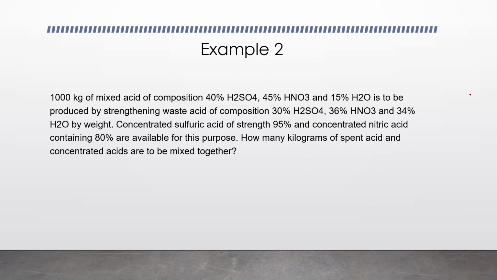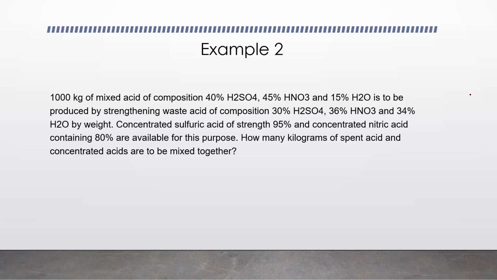1000 kg of mixed acid of composition 40% H2SO4, 45% HNO3, and 15% H2O is to be produced by strengthening waste acid of composition 30% H2SO4, 36% HNO3, and 34% water by weight. Concentrated sulfuric acid of strength 95% and concentrated nitric acid of 80% are available for this purpose.